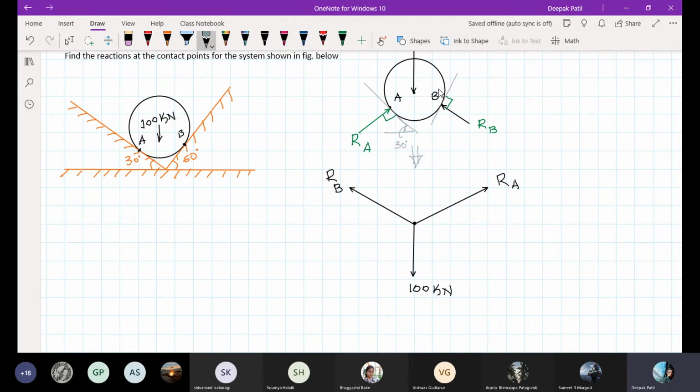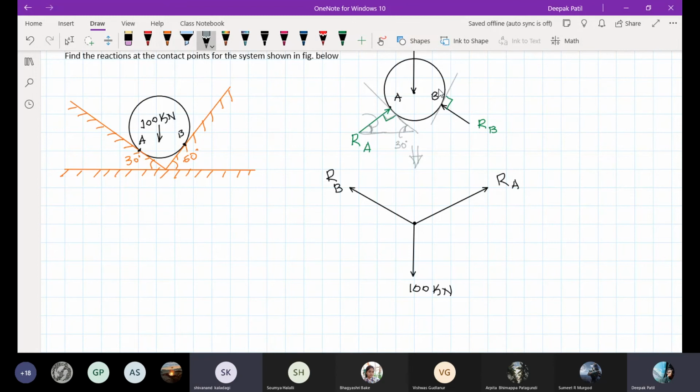Then is it possible for me to calculate this angle? This is 30 degrees, this is 90 degrees. Then how much will be this angle, students? 60 degrees, sir. How did you get 60 degrees? 180 minus the total, yes, sir.